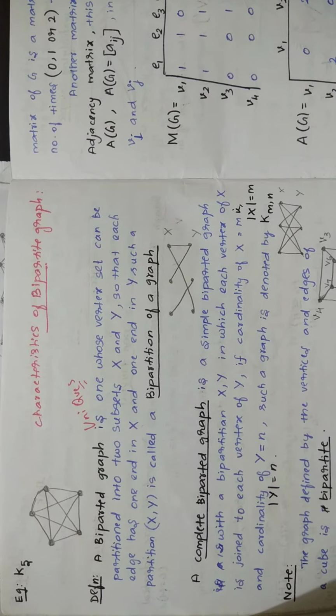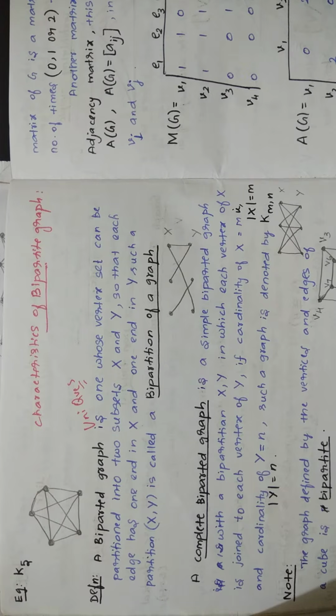So here, bipartite graph means what? In general, bipartite means the graph will have 2 partitions. That is, you are partitioning the vertex set. Bipartite graph means you are dividing the vertices into 2 sets.